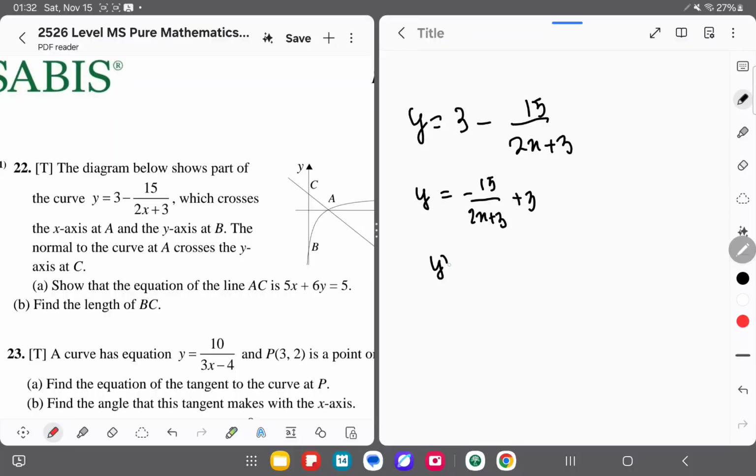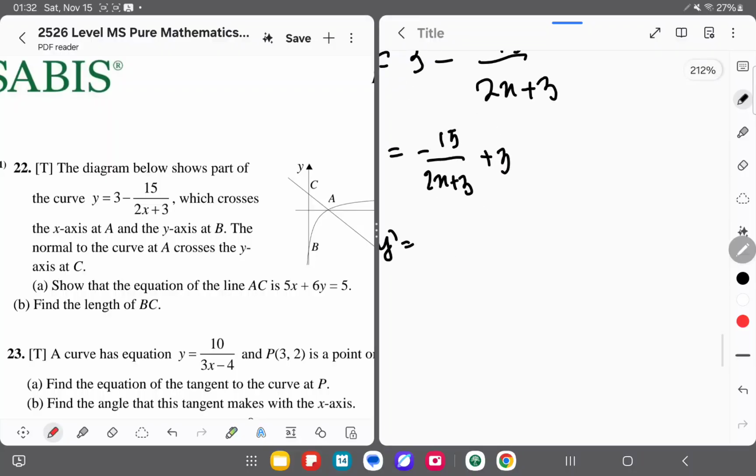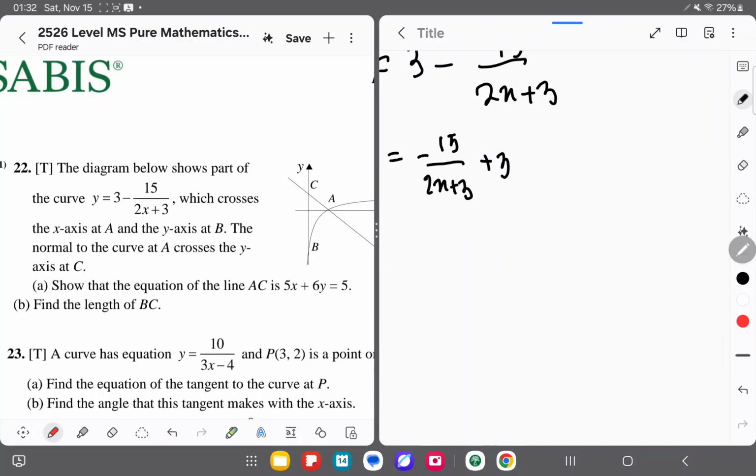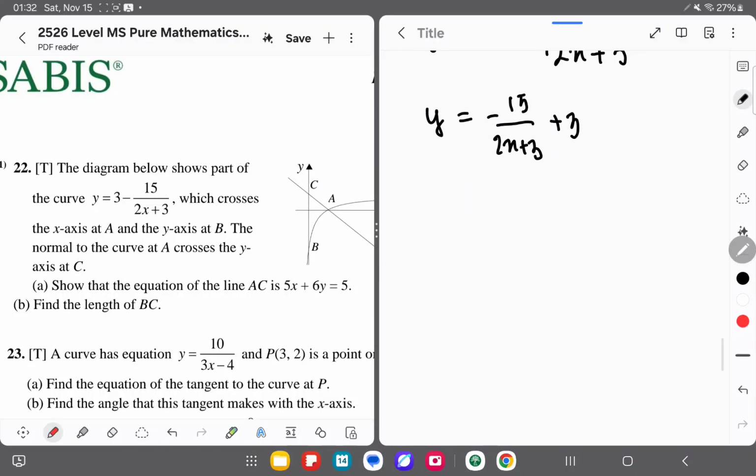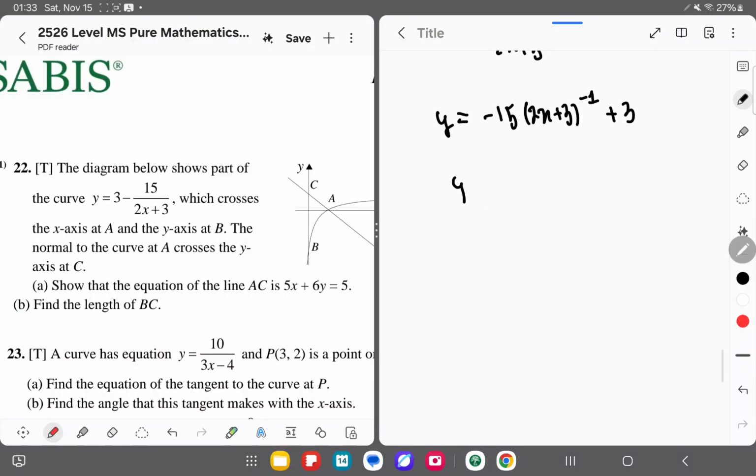And then I can derive. I have to bring this up, or it's way better to do the chain rule, so I'll bring it up. But it's entirely up to you. You can use the quotient rule or the chain rule. I personally prefer the chain rule.